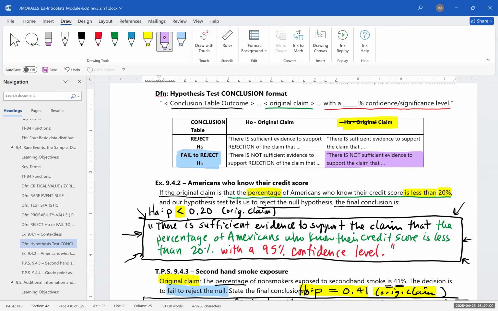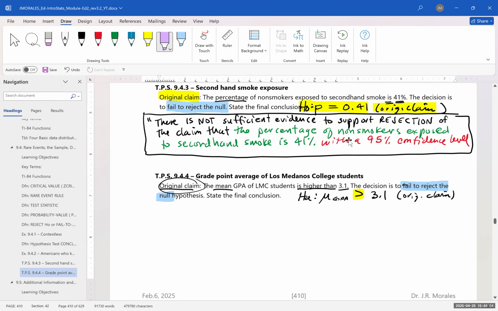Okay, there is not sufficient evidence to support the claim that. So I'm not going to be able to see that as I write down here. Okay, but you should have it on your page.